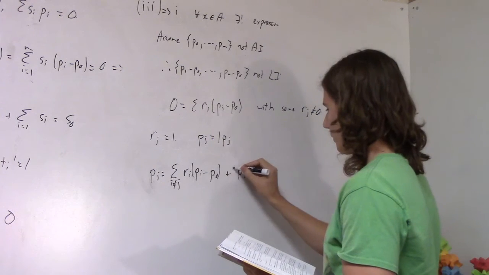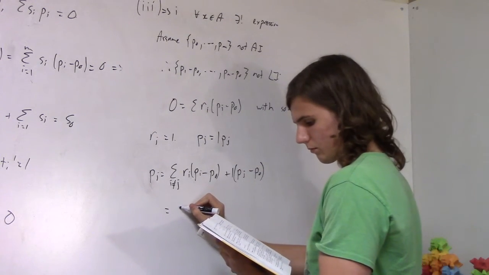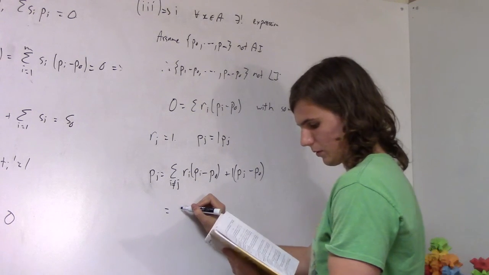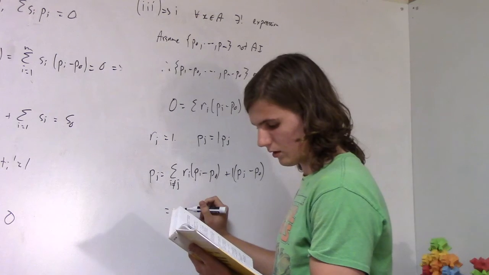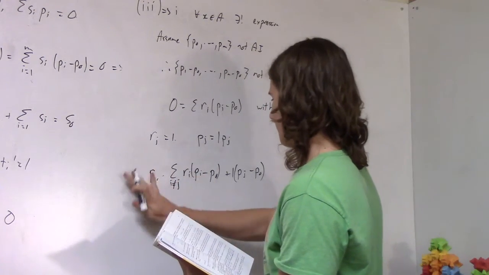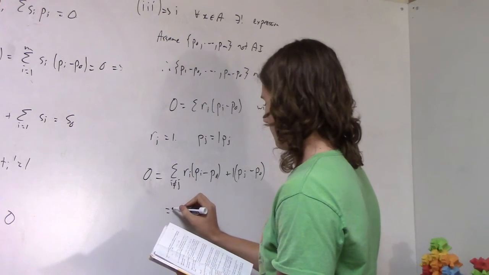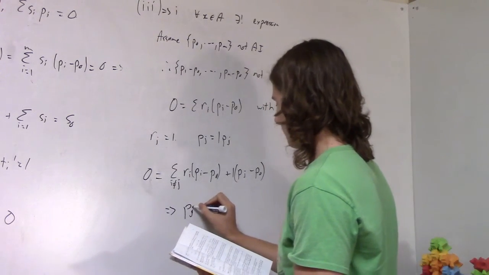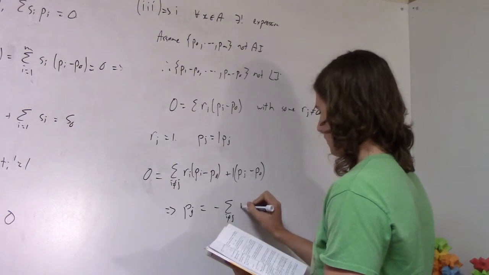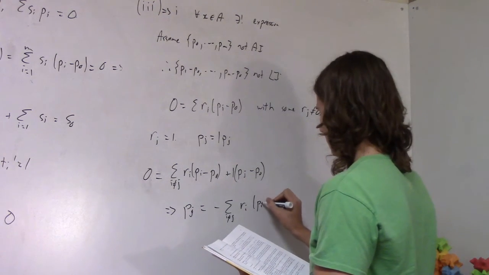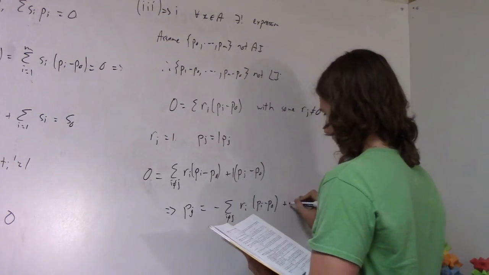This is equal to 0. Therefore, Pj is equal to minus the sum of i different than j, Ri, Pi minus P naught, plus P naught.